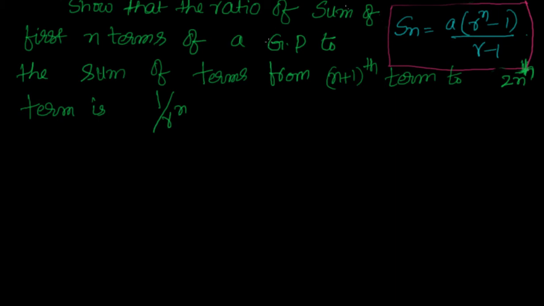Show that the ratio of the sum of the first n terms of a geometric progression to the sum of terms from the n plus 1th term to the 2nth term is equal to 1 by r to the power of n.